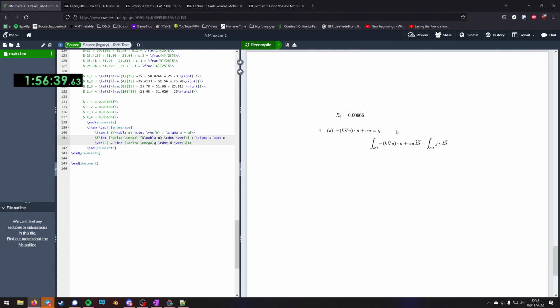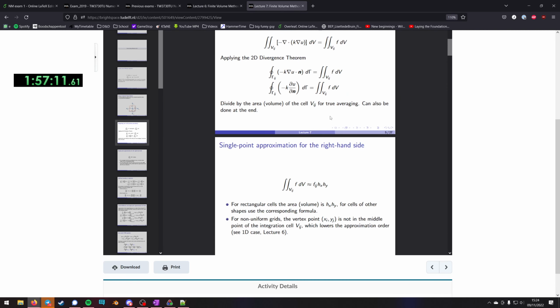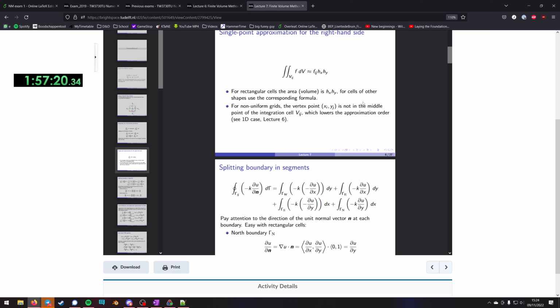Oh, I forgot the C. Okay. So this is what we're trying to solve here. Yeah, you need to divide by the volume of the cell for true averaging. Whatever.